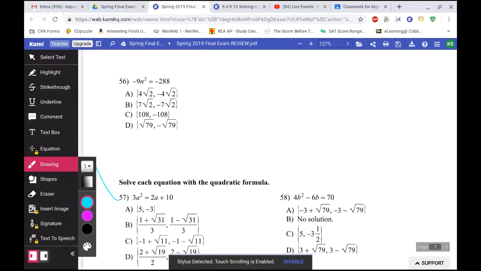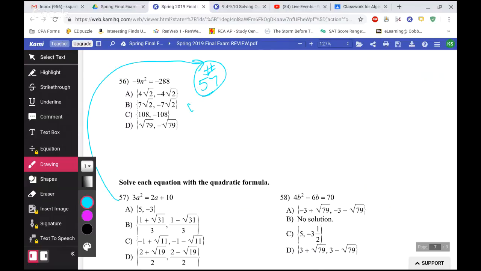Is that all right with everybody? Because I don't think I could squeeze it in there. Does that make sense? Is that going to confuse anybody at all?